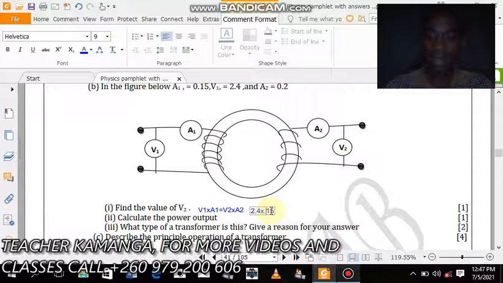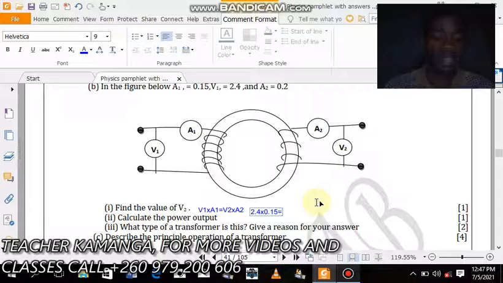the other side. So this one will be equal to the V2 here.